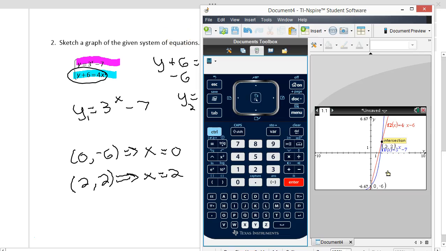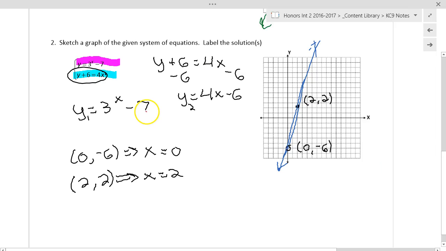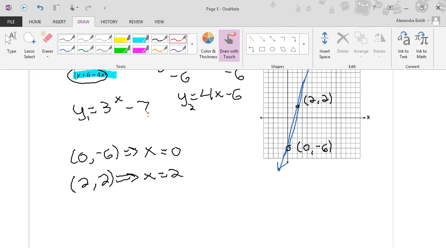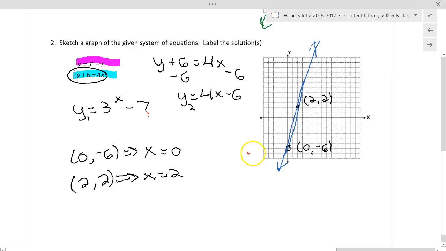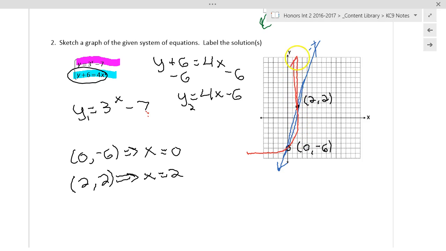Again, I want to look at where it's coming from. It's a little hard to see, but it's actually coming from negative 7. We'll talk a little bit more about this later, but whatever that minus is usually where it's coming from. So it's going to be coming straight from down here, and going straight up at the end. So it looks something like that as it curves through those 2 points.